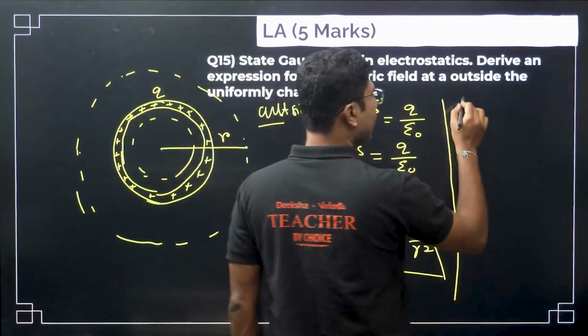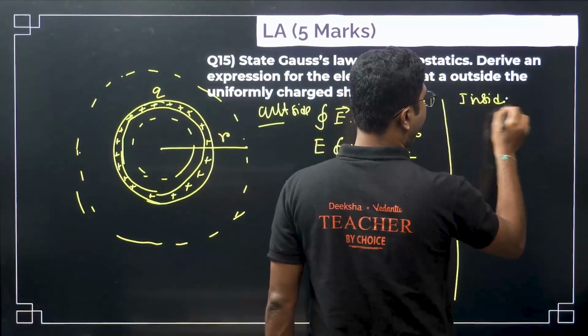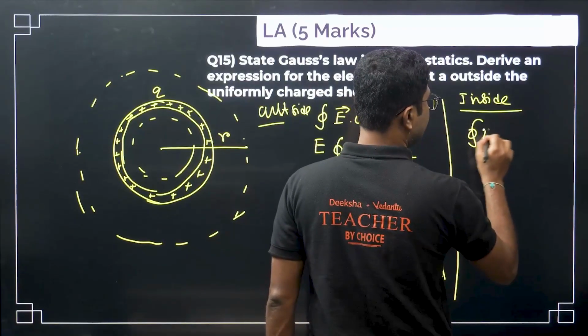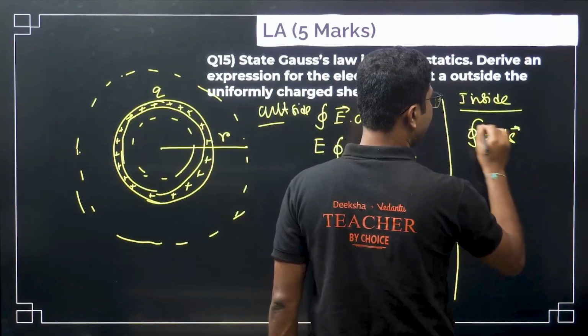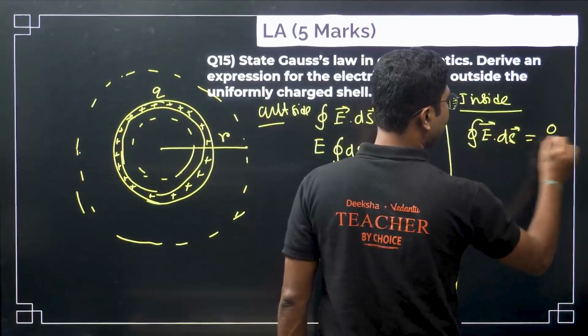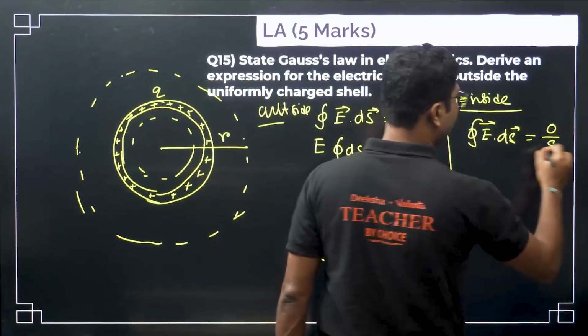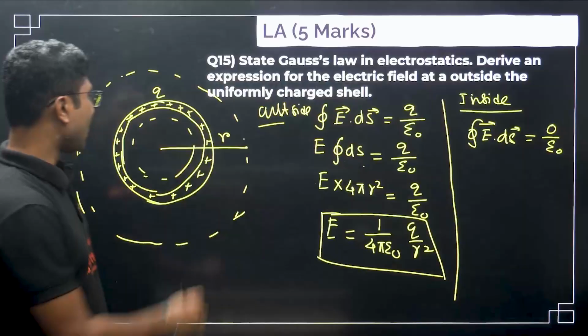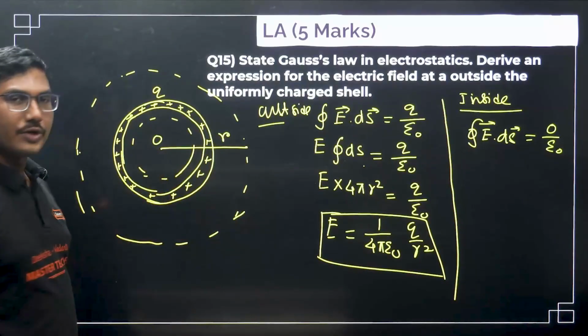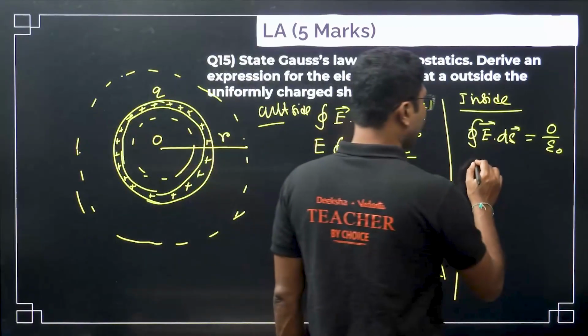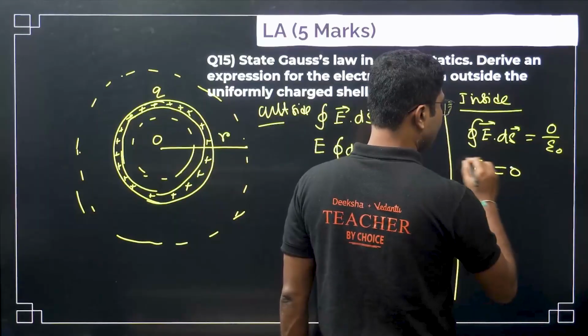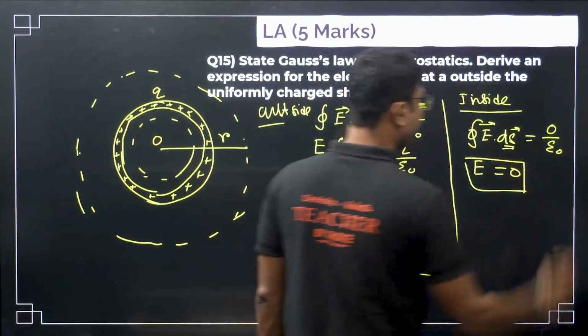For inside, same formula, you will start the same way, but on the right hand side you will write 0 by epsilon naught, because there is no charge here. So the charge enclosed over here is 0. So E will definitely be 0. ds cannot be 0.